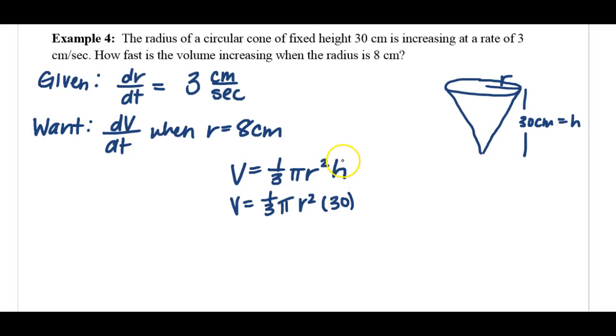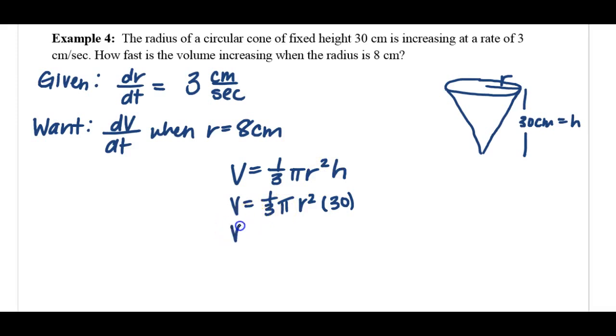When I differentiated h, I would need dh/dt, which isn't explicitly given, and it would make things a little harder. So at this step, when you find the equation, if there are any quantities that are not changing, we can replace them numerically instead of using the variable.